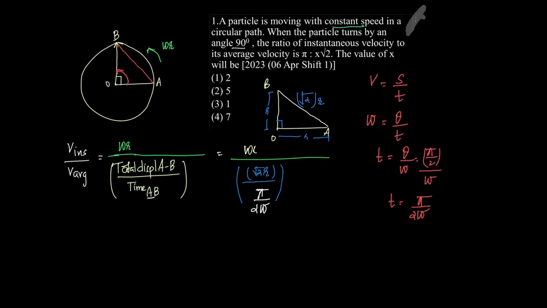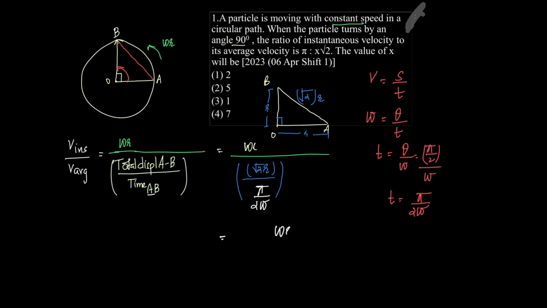So in short, what we have here is omega r the whole upon root 2 r divided by pi by 2 omega.